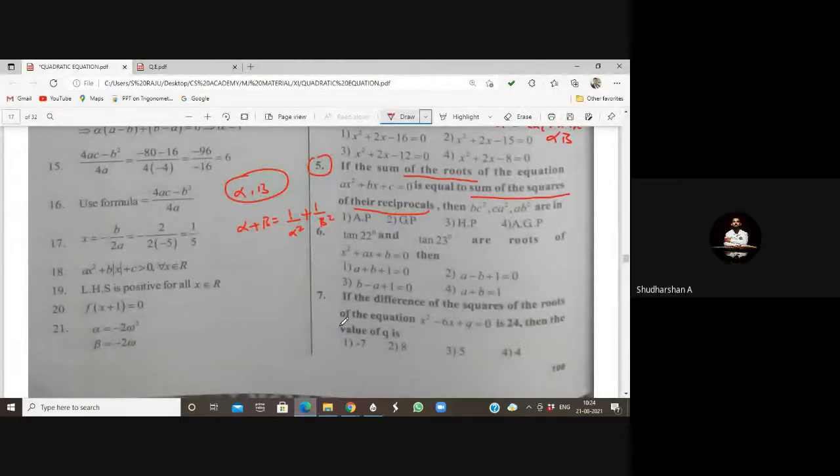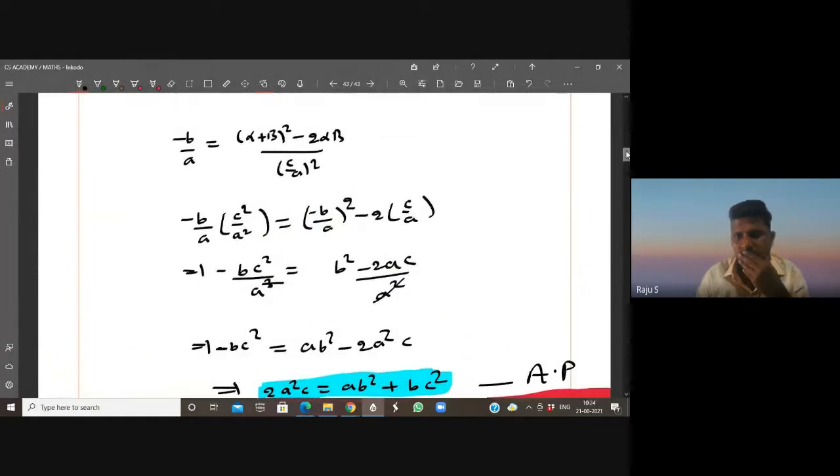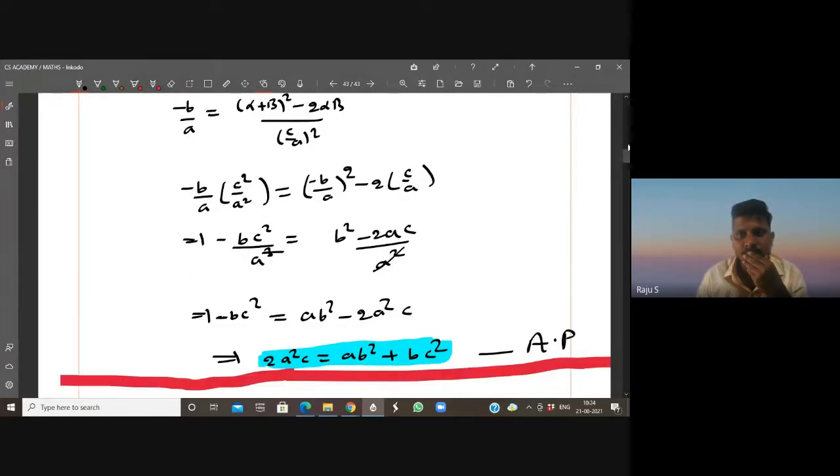One minute, please show the solutions. Why not? I'll post them in your classroom. You can look at all these solutions once. So students, all of you maintain the notes.